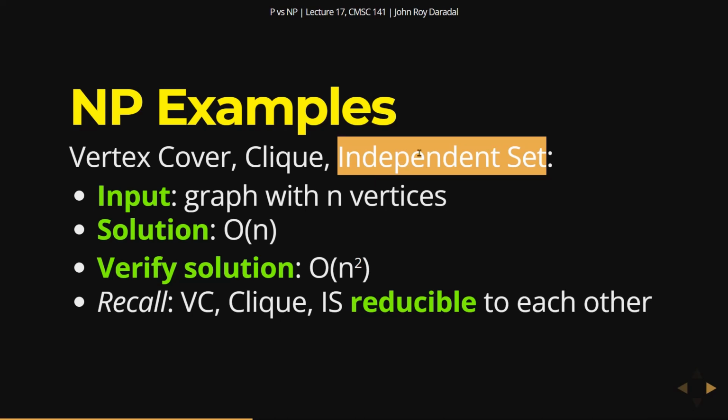Whatever is in the independent set, the answer for vertex cover is everything else. So if you have B, D, E, and F as the answer, you could have A, B, C as the opposite, something like that. So they are all reducible to each other, as we saw in the previous video.